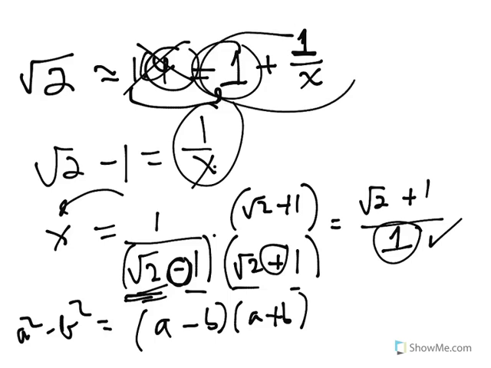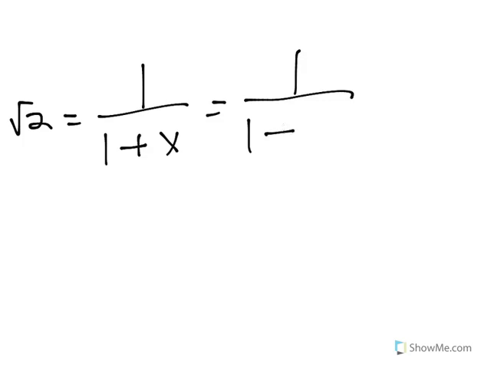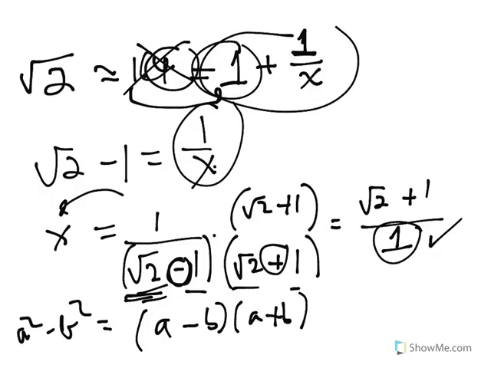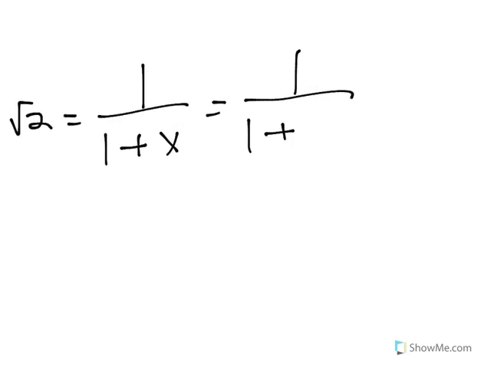Well, remember this, square root of 2 is 1 plus 1 over x. So I write square root of 2 is 1 plus 1 over x, but the x is replaced with 1 plus square root of 2, or square root of 2 plus 1. I'll write it as 1 plus square root of 2, though.